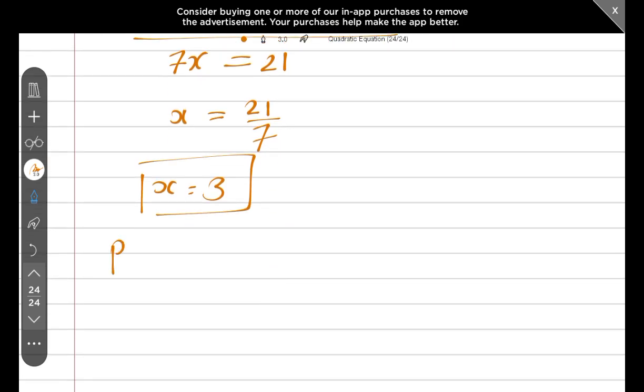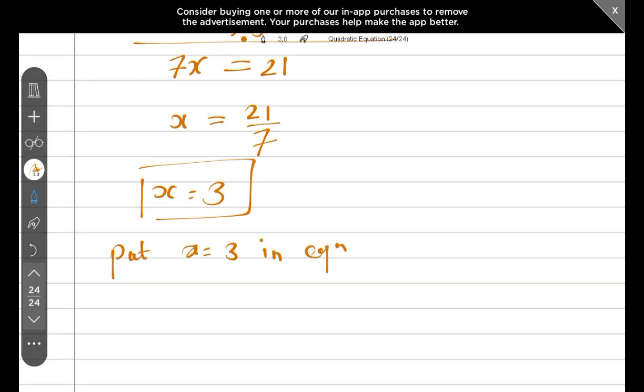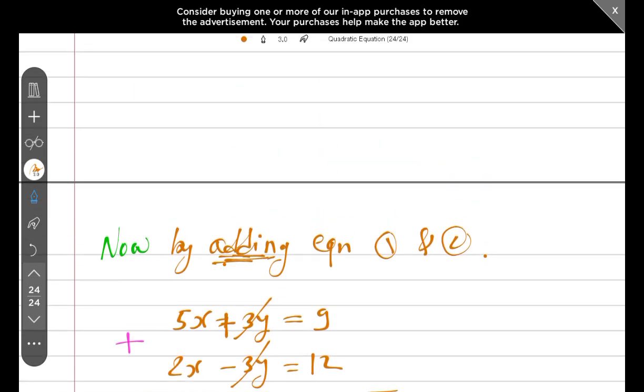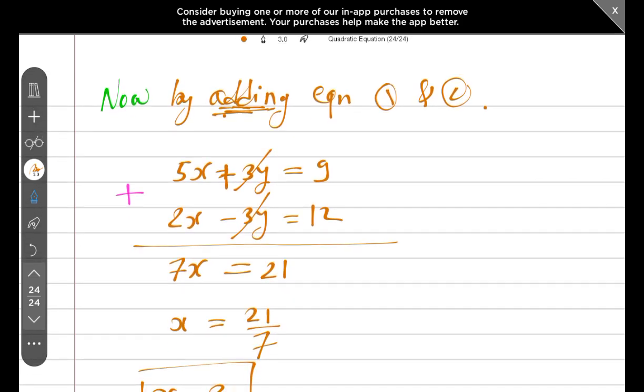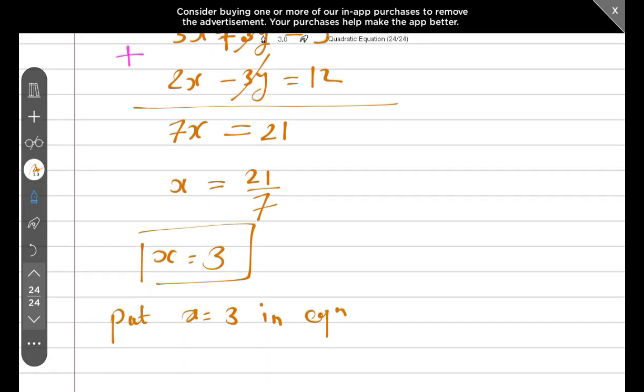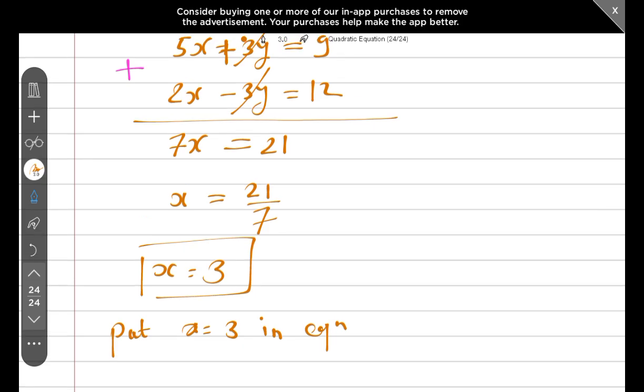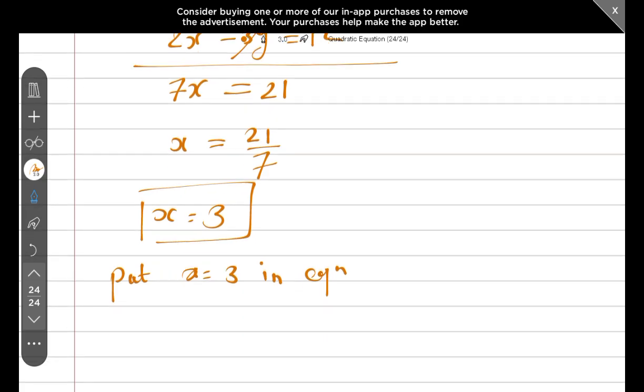Very good. Now just put x is equal to 3 in any equation, 1 or 2, whatever you want. But I will suggest that you use the equation which has the smallest coefficient. Which equation has the smallest coefficient? By just looking at these equations, we can observe equation number 2 has the smallest coefficient.